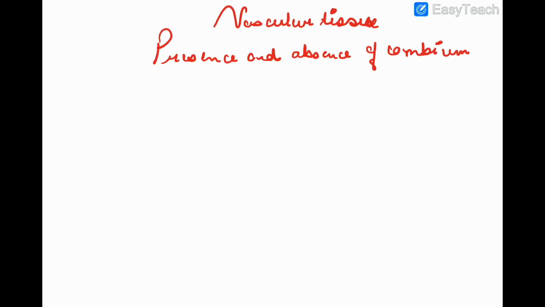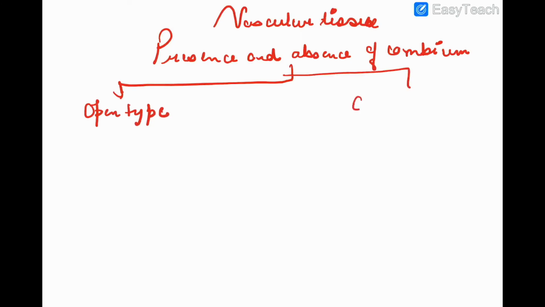Now based on presence or absence of cambium, vascular tissue is of two types, open type and closed type.